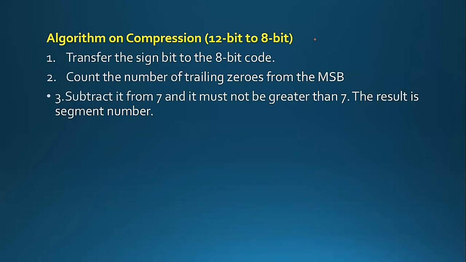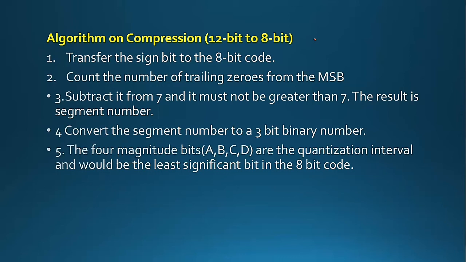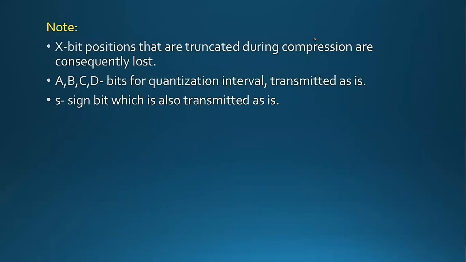After counting, we subtract that number from 7, and we must take note that this number must not be greater than 7. That result must be converted to a 3-bit binary code, and that would be our segment identifier. Next, the next 4 bits after the 1 would be our quantization interval. We must always take note that X bit positions are truncated during compression. Later on, I'm going to explain this further. The A, B, C, D bits for the quantization interval are transmitted as is, and the sign bit is also transmitted as is.